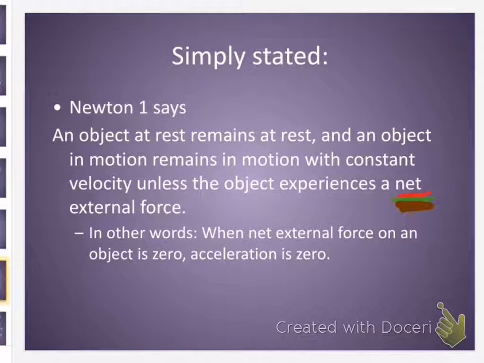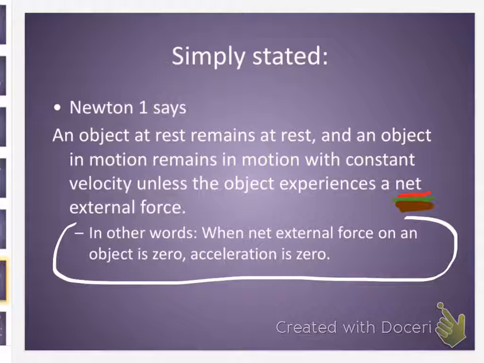So to rephrase that, if the net external force on an object is 0, acceleration is 0. If acceleration is 0, does that mean the object is not moving? Not necessarily. How could it have 0 acceleration but have non-zero velocity?